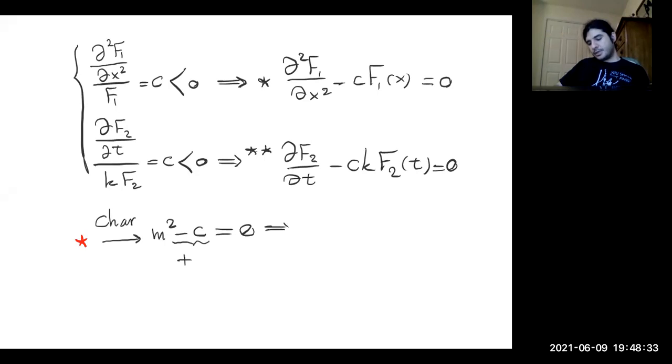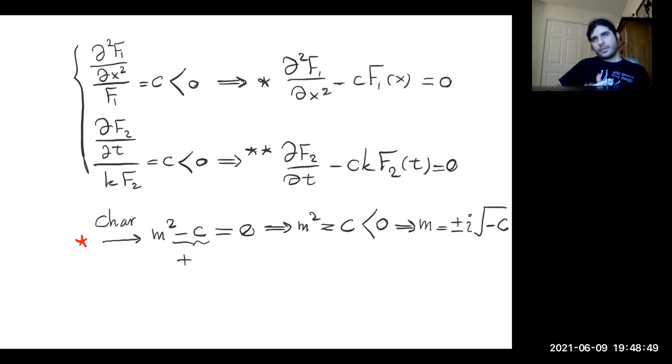So m squared is equal to c, where c is negative. Therefore, m should be plus minus i square root of minus c. For example, if c is -1, then the solutions would be plus minus i.